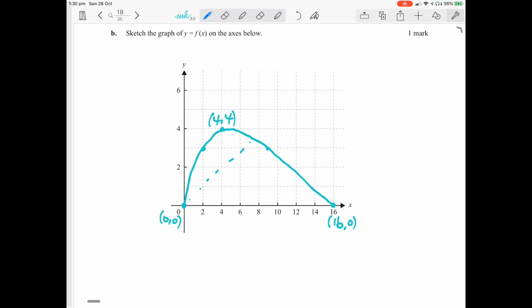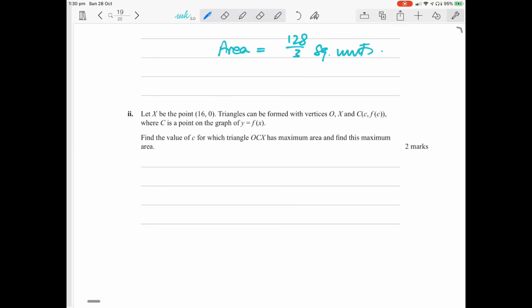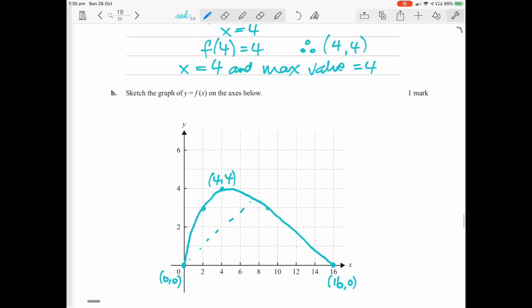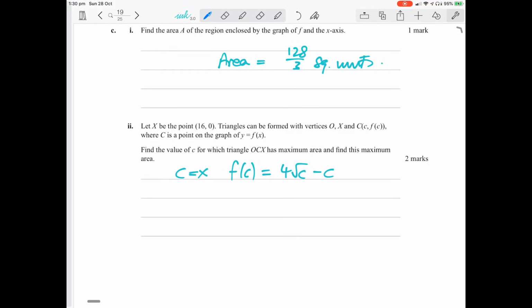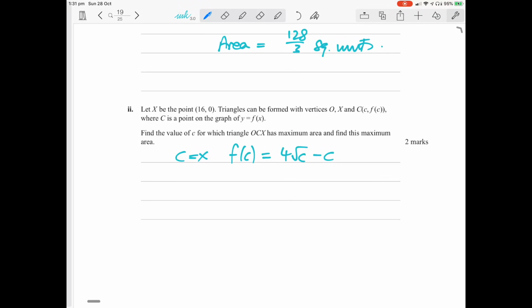Okay, so if I went up to some point C and created a triangle, then my height is just going to be f of C, which is 4 root C minus C. Area is a half times 16 times f of C, which is 8 times 4 root C minus C.